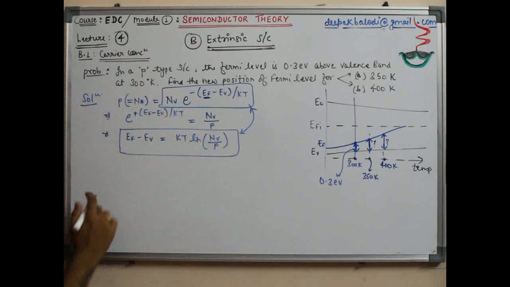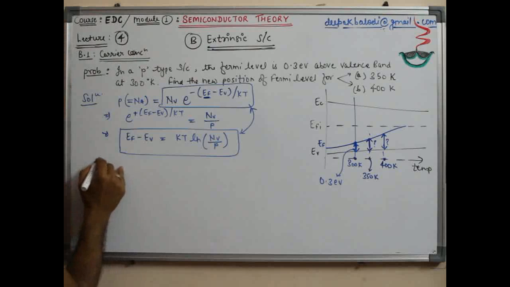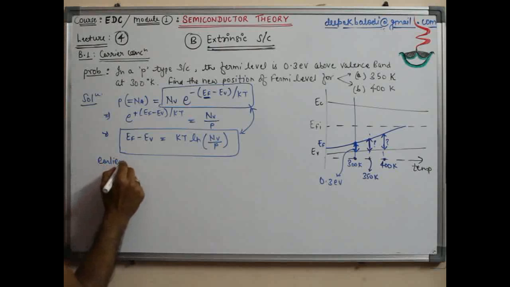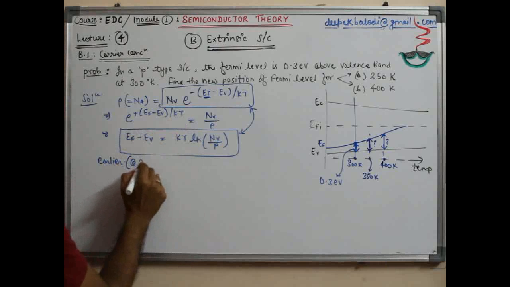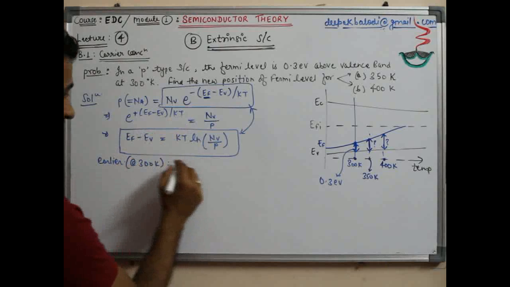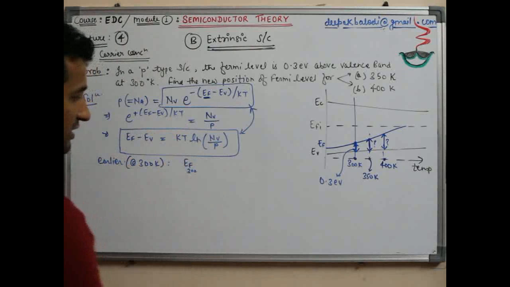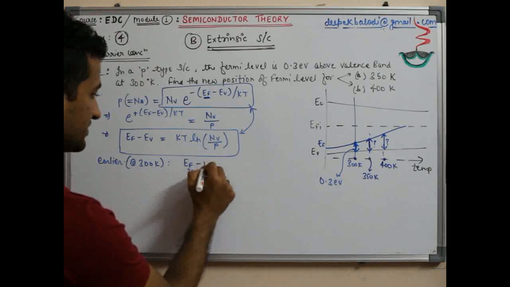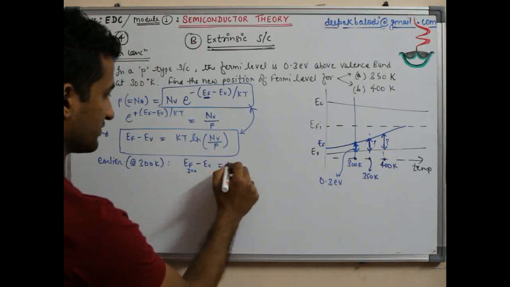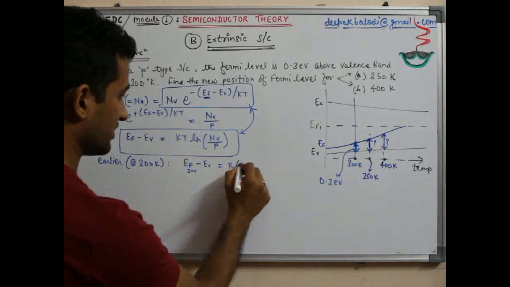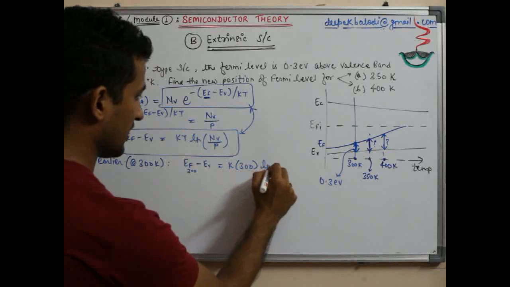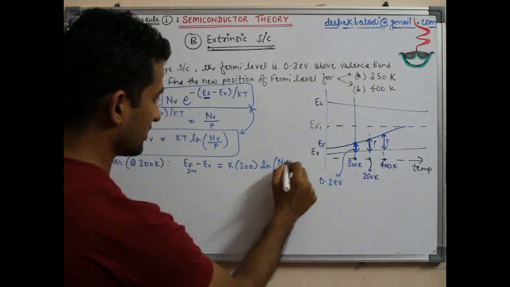So here we can utilize this. Earlier, at 300 Kelvin, it is given that EF at 300 minus EV remains the same everywhere, which is k times 300 times ln of NV by P, though NV and P are not given.